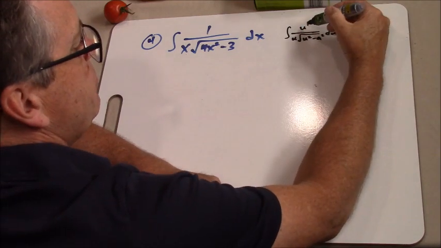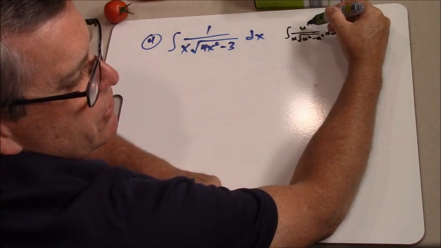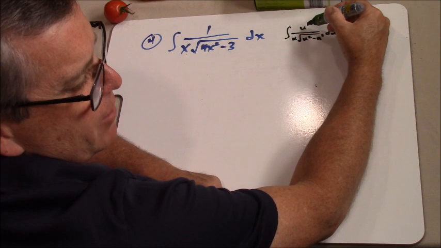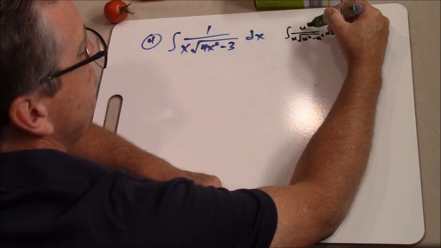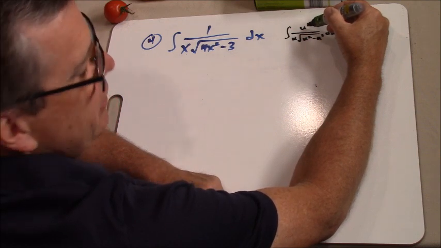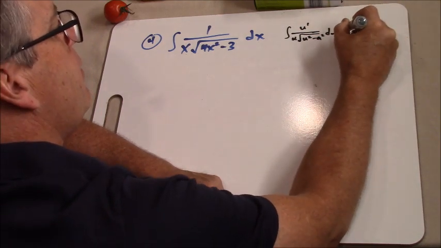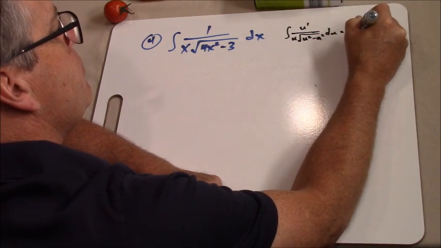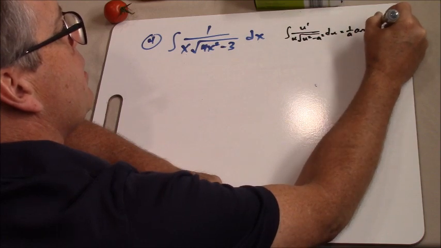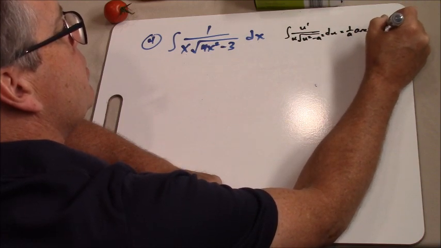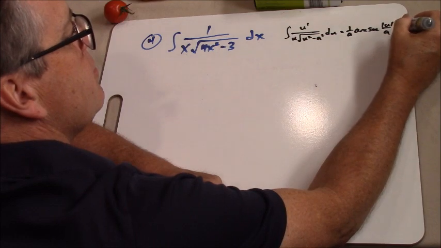I think in the last one I wrote 1 up here for arcsine. It should have had a u prime up there. Make sure you double check that. I don't want you writing the wrong thing in your notes. This would equal 1 over a times the arc secant absolute value of u over a plus c.